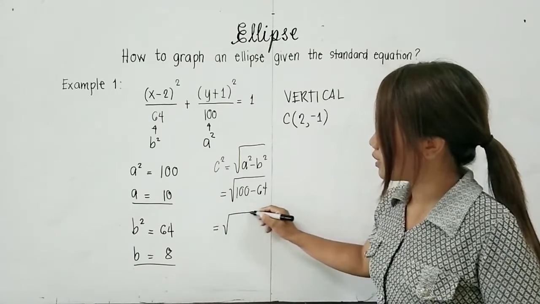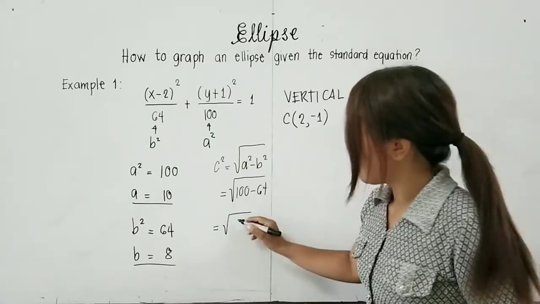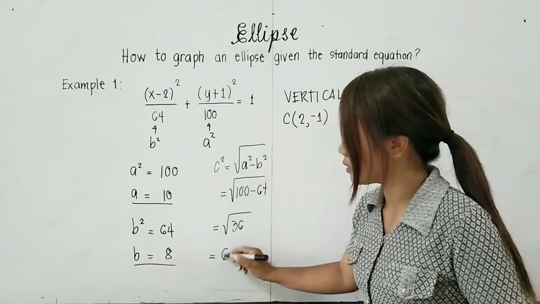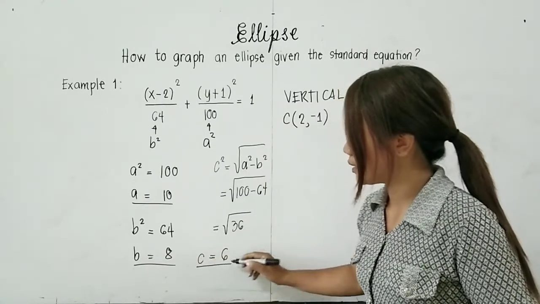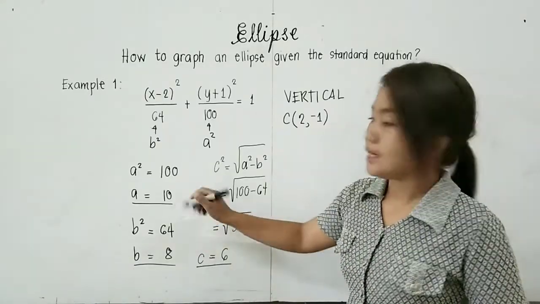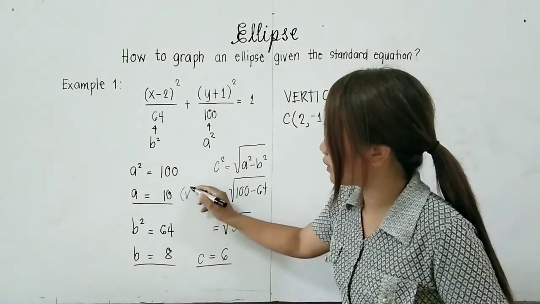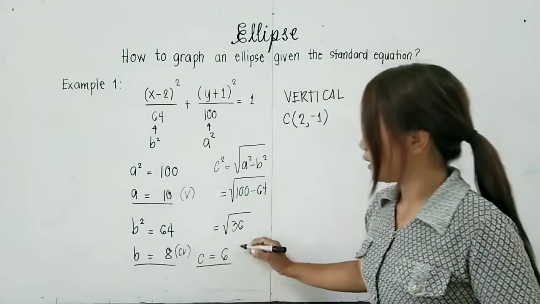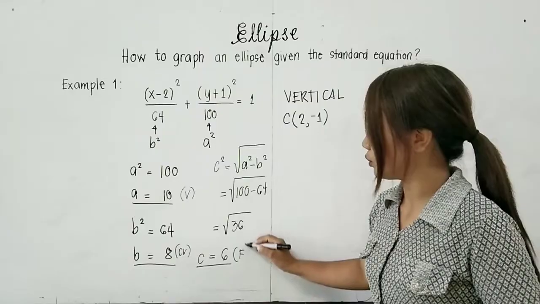So 100 minus 64, the answer is 36, and the square root of 36 is 6. So our c is 6. Again, a is for the vertex, b is for the co-vertex, and c is for the focus.